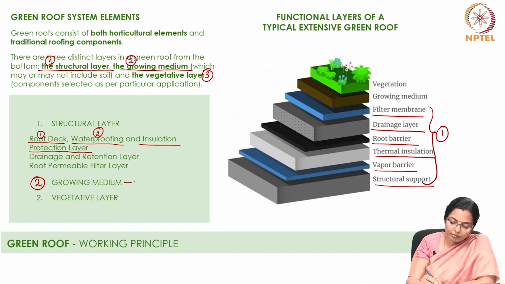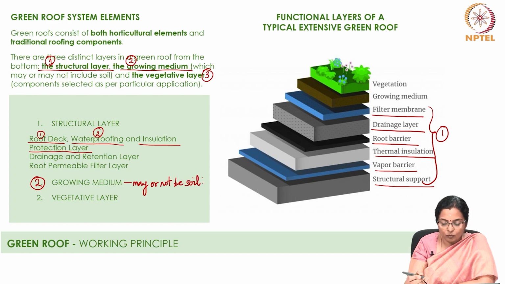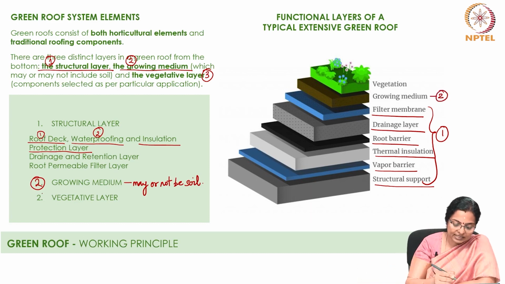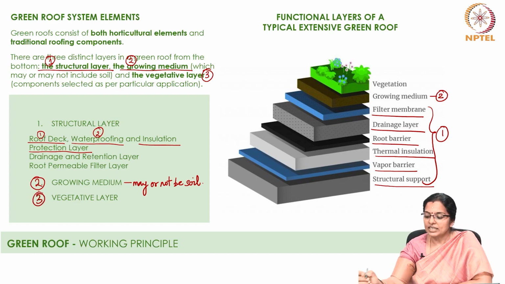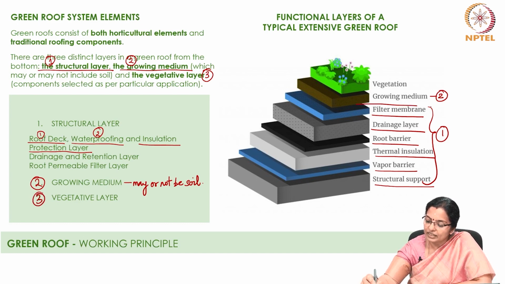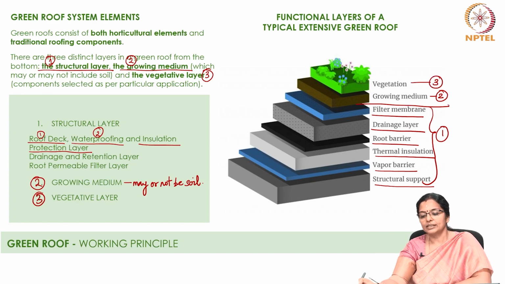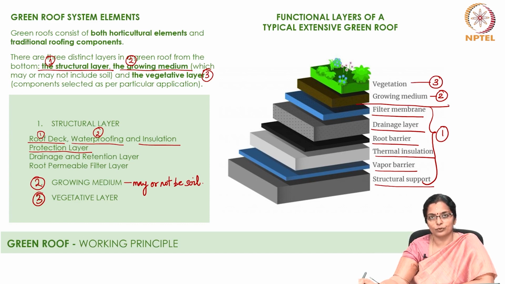This growing medium may or may not be soil, because if hydroponics is used, then water could be the growing medium. And third is the vegetation layer. These are the different layers or different components of an extensive green roof.